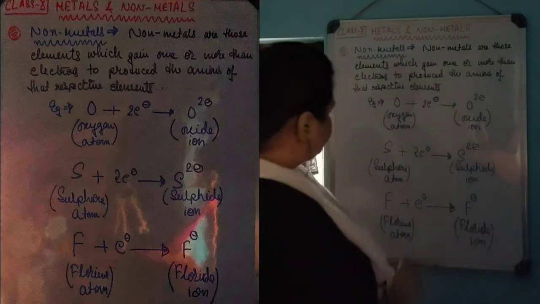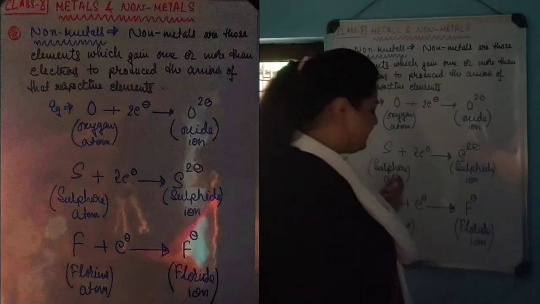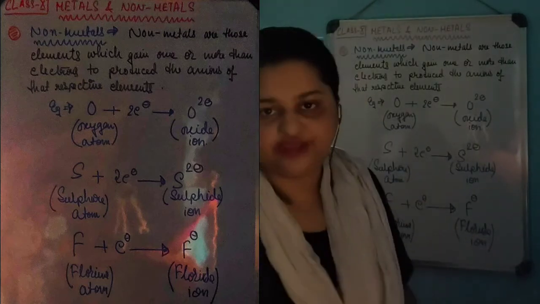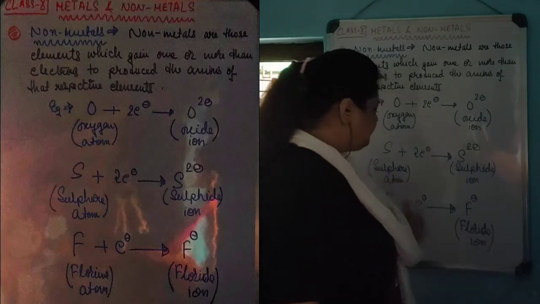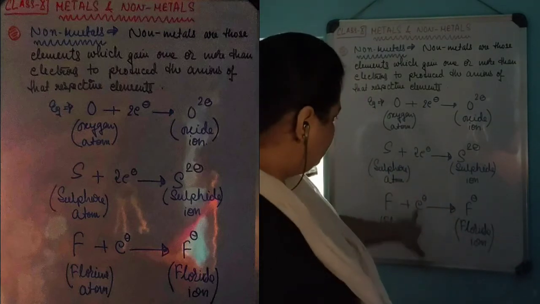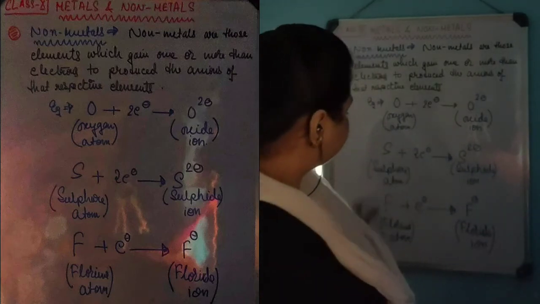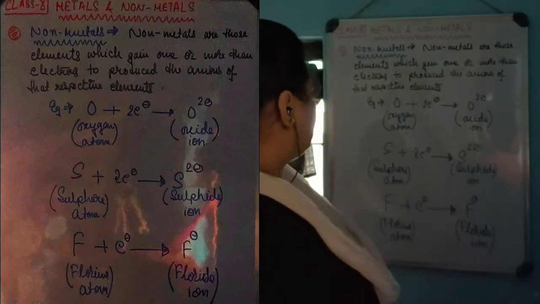So evidently you can see, depending on what non-metal we have taken, it gains 1 or 2 or more electrons to produce the respective anions of that element.